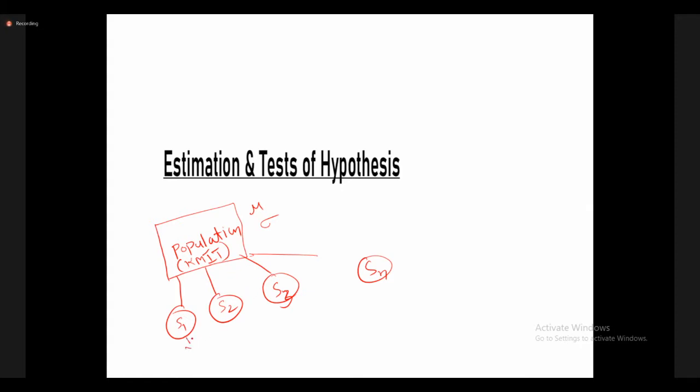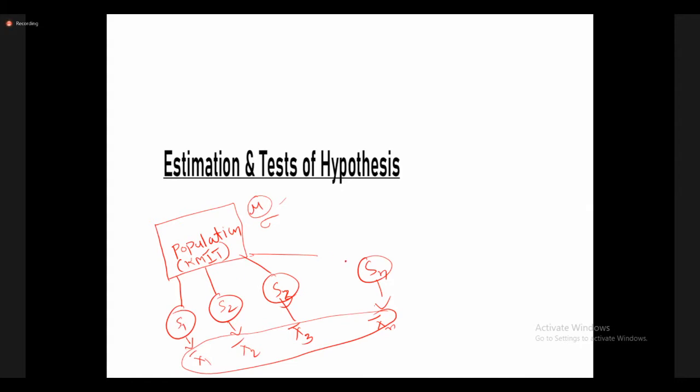When I'm using the sample means, the first random sample mean is x1 bar, the second random sample mean is x2 bar, the third is x3 bar, and so on. The nth random sample mean is xn bar. By using these random sample means, we are estimating the population mean. That is called sampling distribution of means. This is the actual concept.